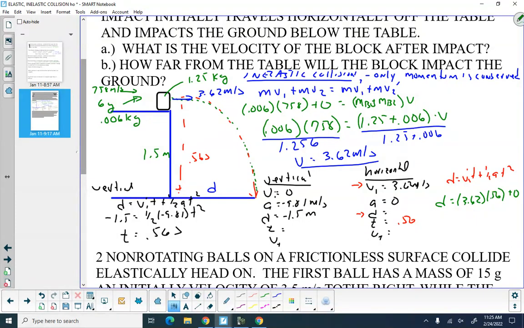So we take our answer and multiply it by 3.62. What do we come up with? 2.03 meters. So that will be your distance that it travels horizontally.